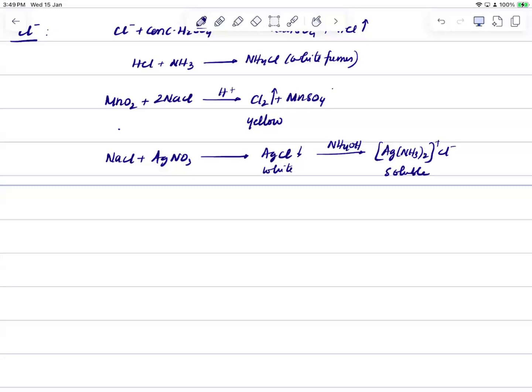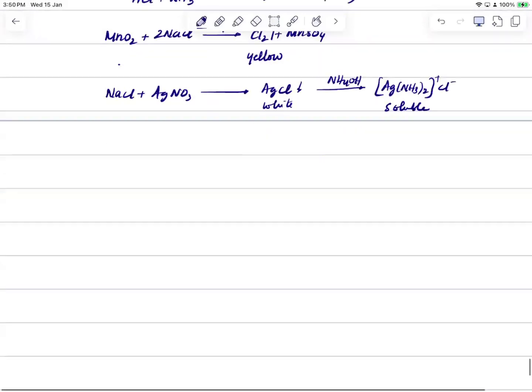One of the important confirmatory tests for chloride is the chromyl chloride test, which is a very, very important test for JEE Mains. See, this should be an ionic chloride like NaCl.